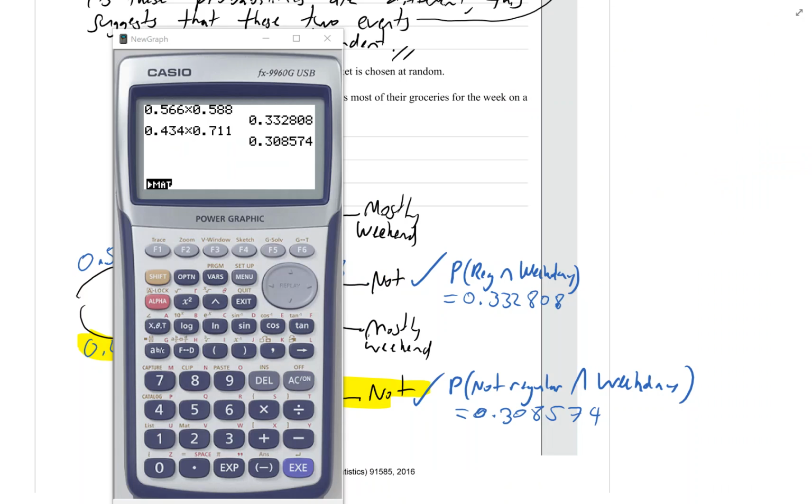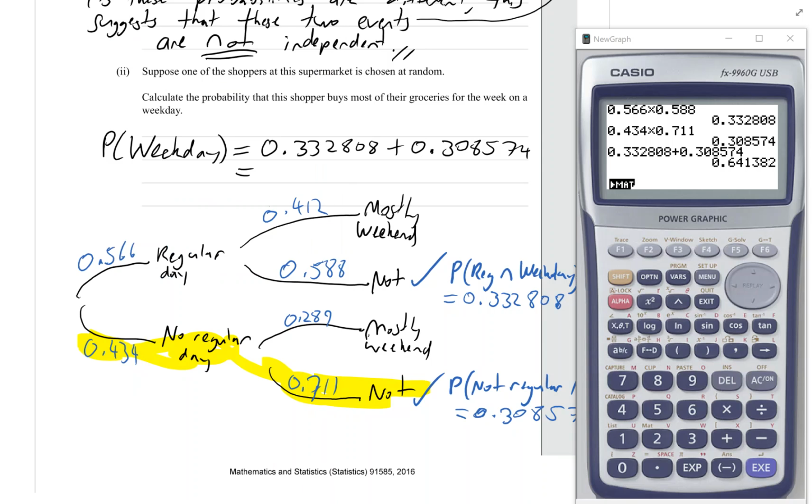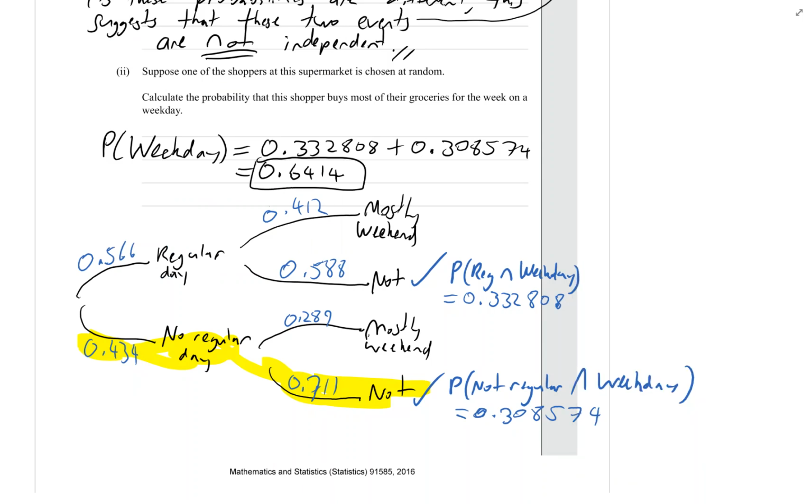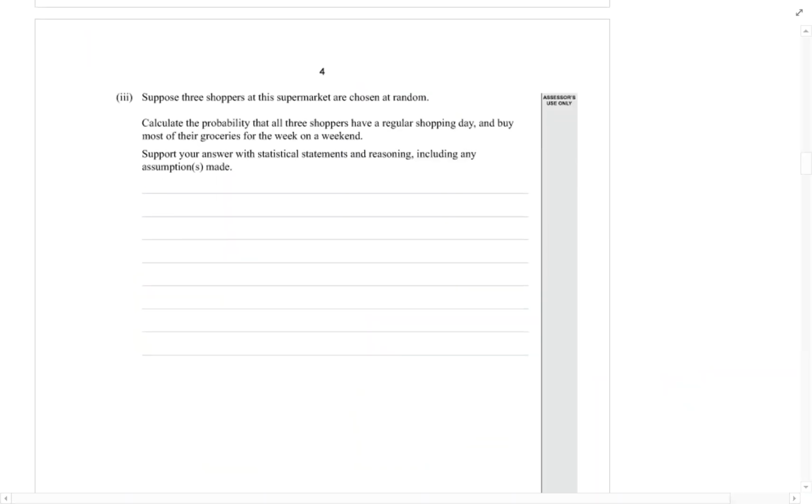And then to get the total probability of someone doing most of their shopping on a weekday, we add those probabilities, which equals 0.6414 to 4 significant figures. Cool. And we've got our diagram, we've got our working, and we've got our answer, and we've labelled it. Part 3. Suppose 3 shoppers at the supermarket are chosen at random.